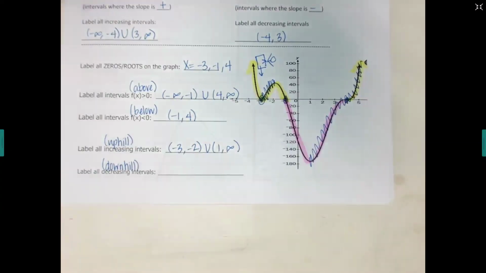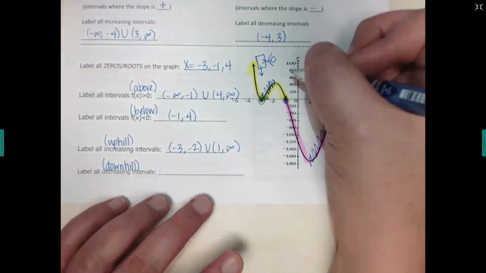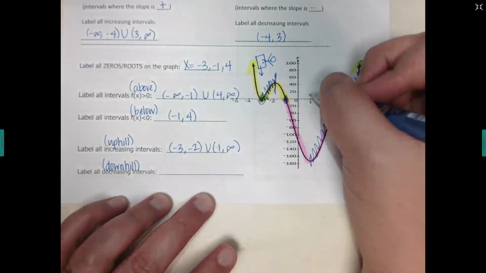Now it does kind of flatten out at 4, but then since it keeps going up, you can just go to infinity. Okay, that means the downhill sections of my graph are this piece and this piece. So I'm going to list this one first from -2 till 1.